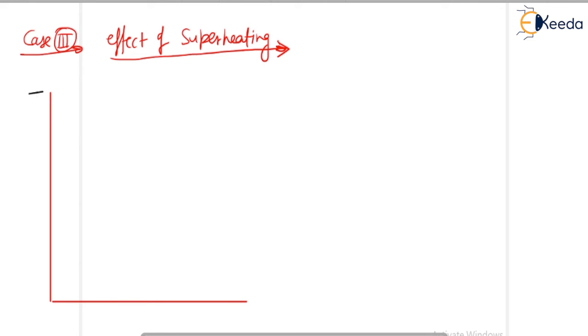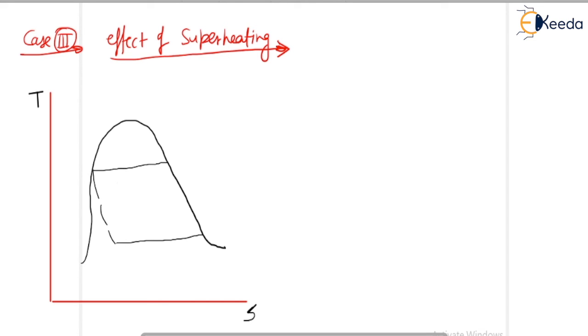This is your T curve, this is your S curve, and now you have to plot your saturation curve, and now again you have to draw your VC cycle.